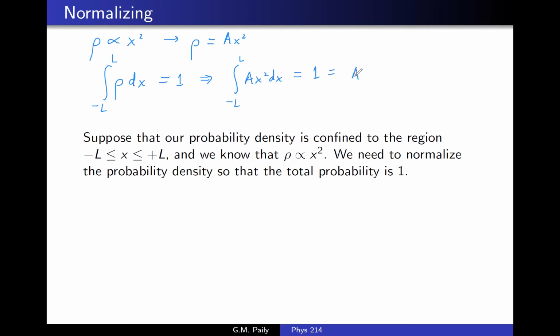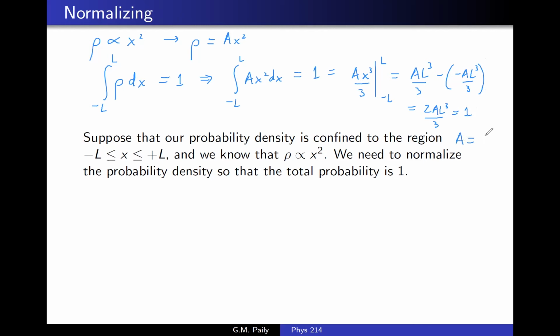And we perform that integral, we get a x cubed over 3, and we're evaluating at L and minus L. And so then that becomes a L cubed over 3 minus negative a L cubed over 3. And so we get 2 a L cubed over 3 is equal to 1. And we want to figure out what the value of a is here.